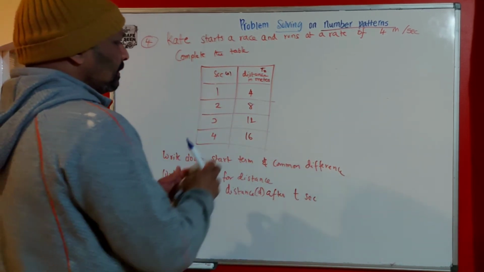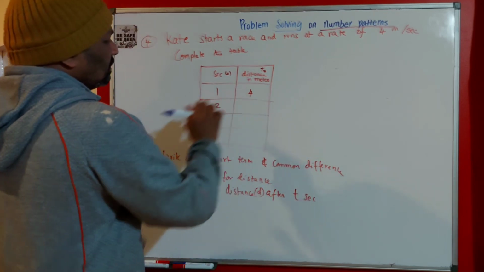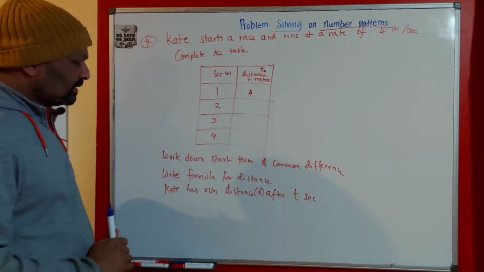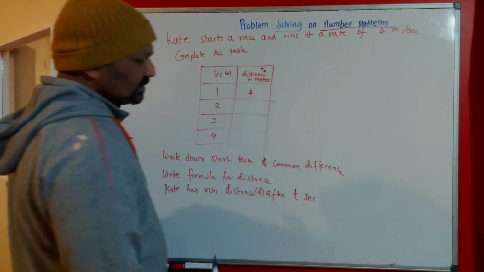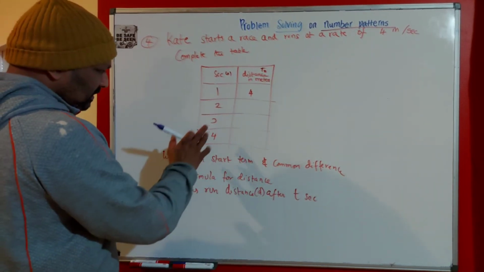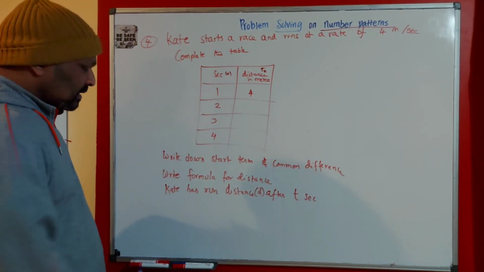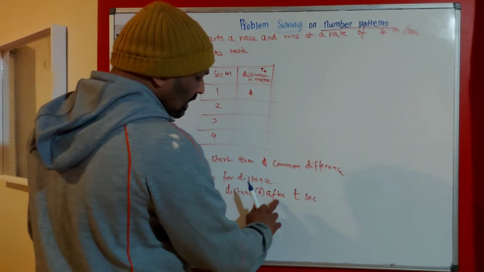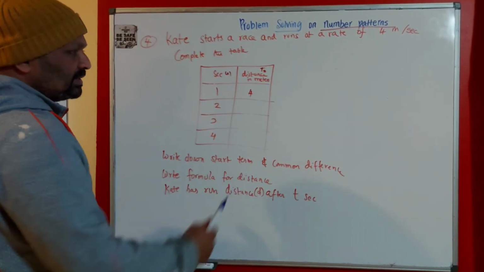Complete the table. After completing the table, write down the start term and the common difference for this progression, and write down a formula for the distance. Kate has run a distance d after t seconds. How much did Kate run after t seconds?